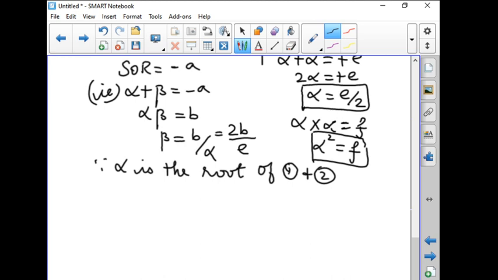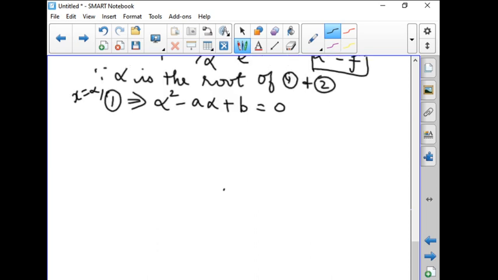I am going to substitute alpha in the first equation: alpha square minus a alpha plus b is equal to 0. That is, I have put x is equal to alpha.